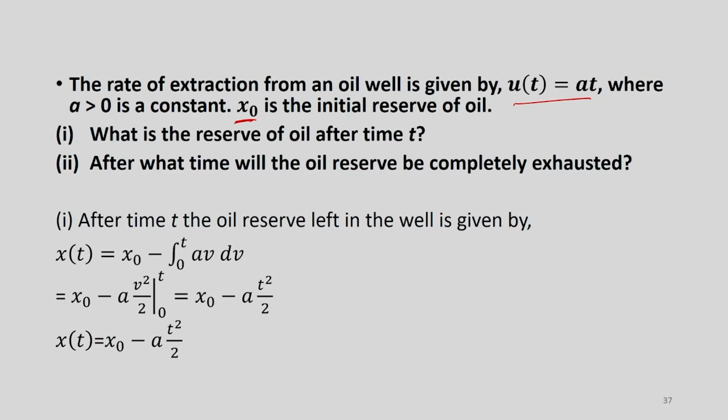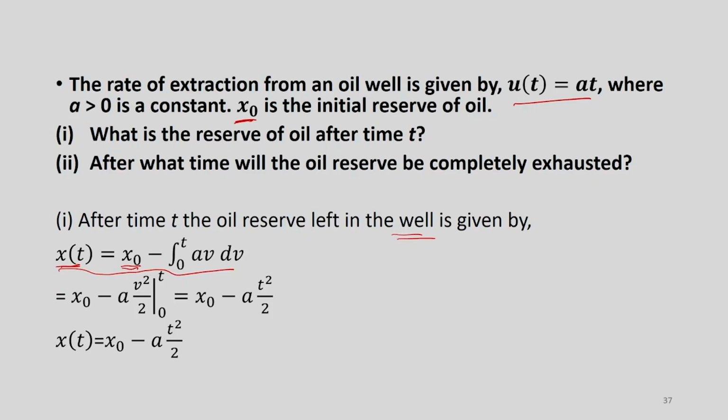Now, after time t, the oil that is left in the well is given by this formula, if you recall. So, let us assume that the oil that is left in the well after time t is given by x t. Okay. So, x t is what? x t is the initial reserve x 0 minus the oil that has been extracted already, right.